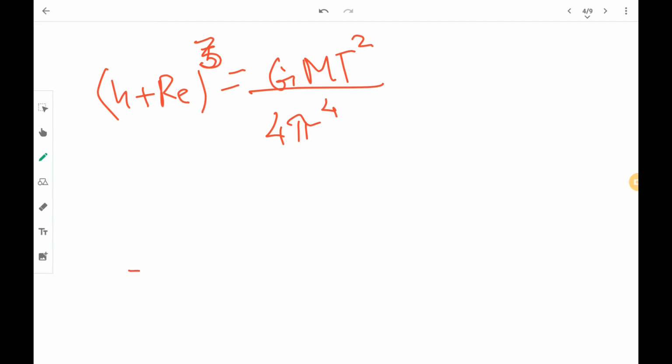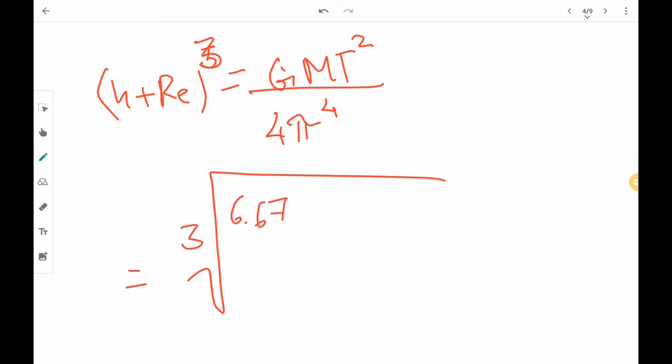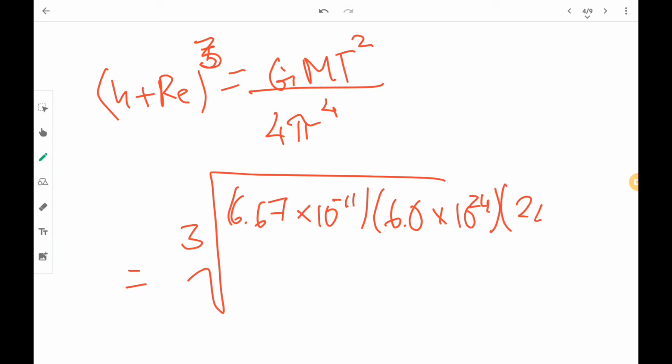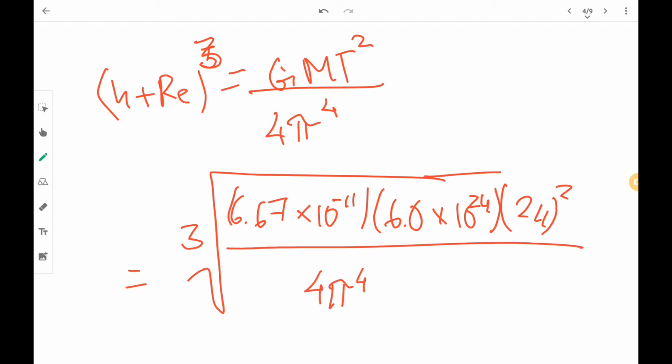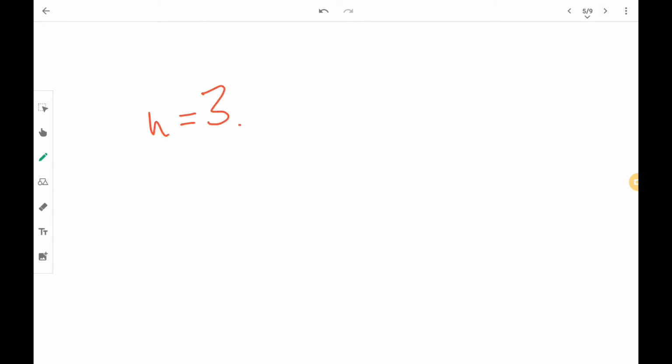So you substitute the third root of 6.67 times 10 to the power of minus 11 times the mass of the Earth, which is 6.0 times 10 to the power of 24, times the period squared, over 4 pi squared, and then this minus the radius of the Earth. That's what h is equal to. You will get h is equal to 3.6 times 10 to the power of 7 meters.